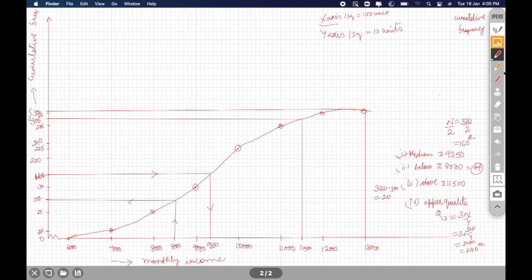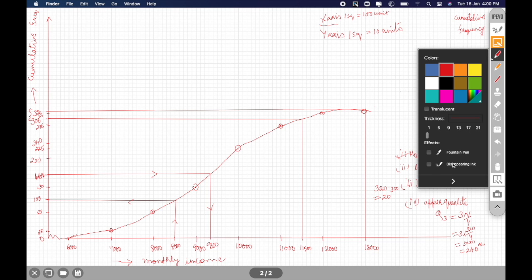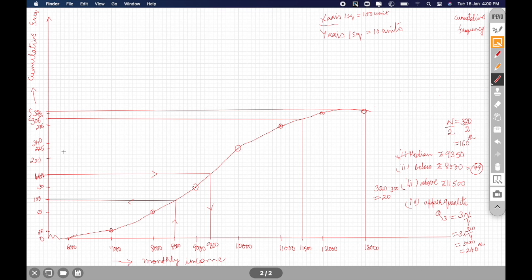So now from here, 240, we have to draw a line parallel to the x-axis, touching the ogive at a point, and from this point on the ogive we have to drop a perpendicular to the x-axis. So if we count, it is 100, 200, 300, very close to 10,300. So upper quartile is rupees 10,300.